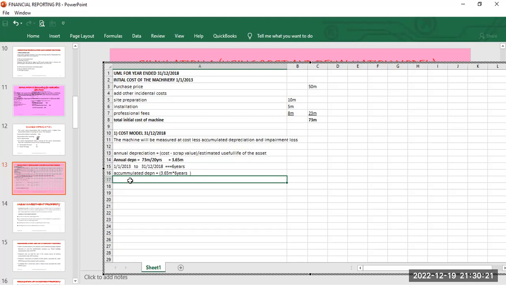Then now we need to know the carrying amount. To know the carrying amount of the asset, it is the cost less accumulated depreciation and accumulated impairment losses. Here we are looking for the carrying amount, because carrying amount is what is going to be taken to the balance sheet.